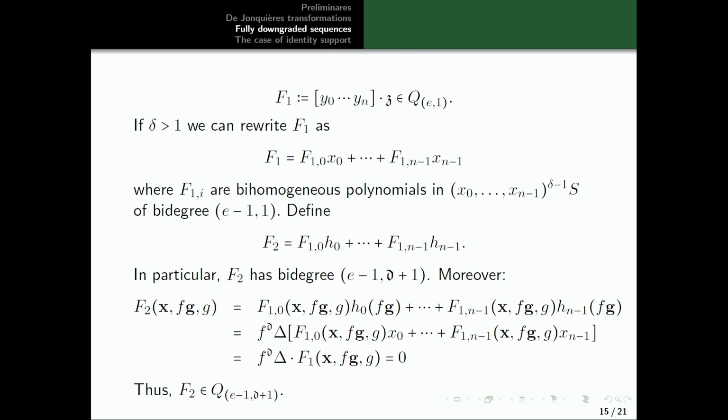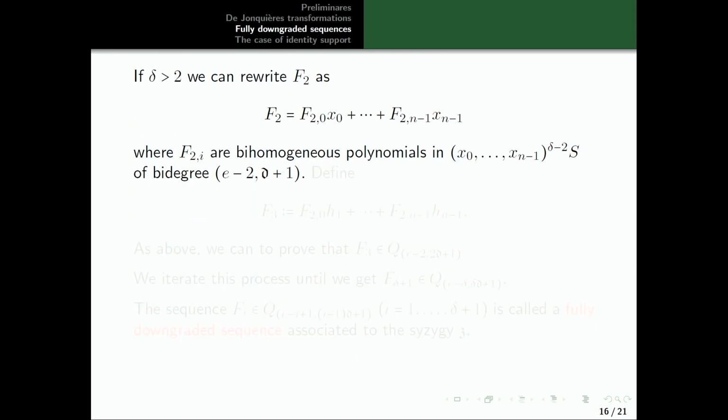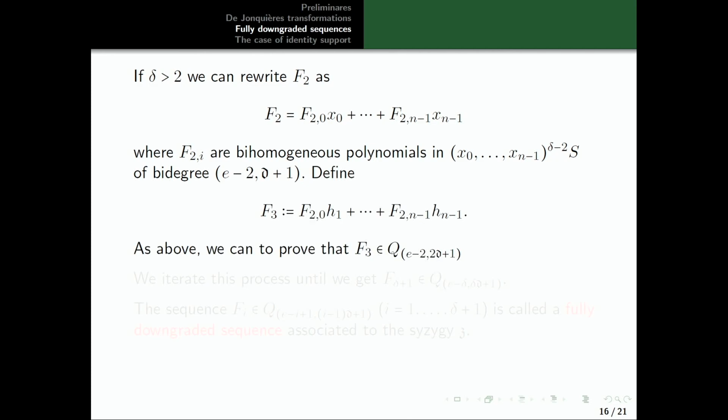And we repeat this argument for F2. If delta is bigger than 2, we can rewrite F2 in this form and construct a new biform in the presentation ideal of the Rees algebra.